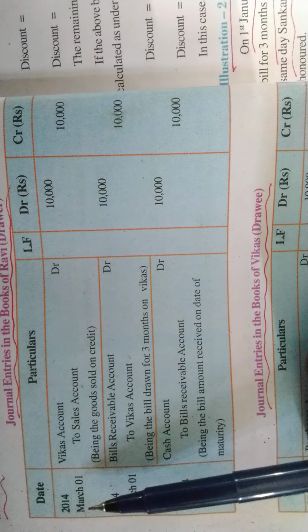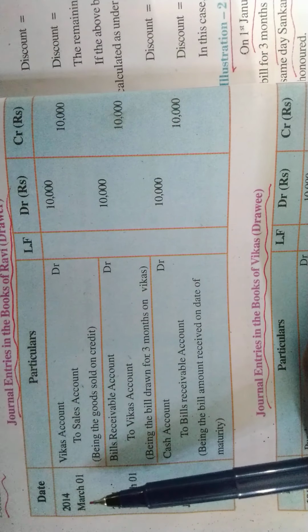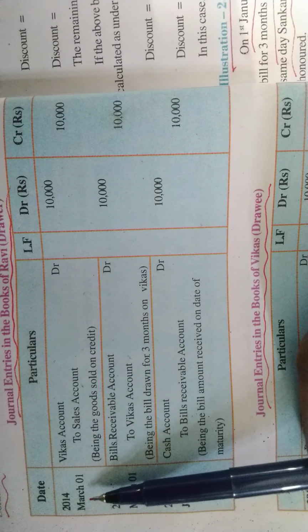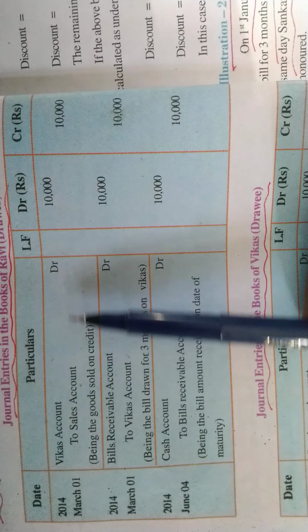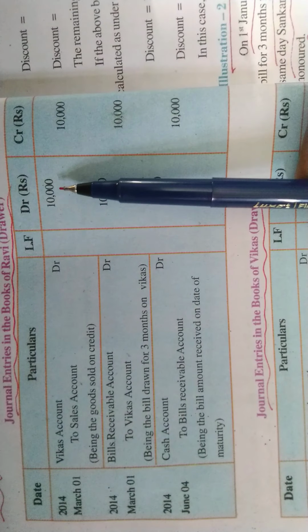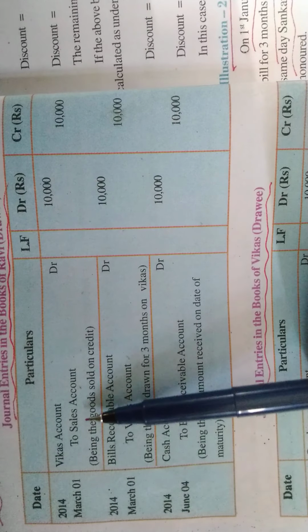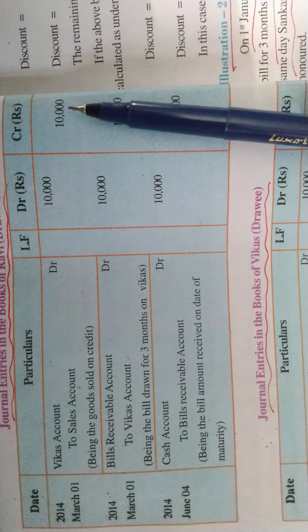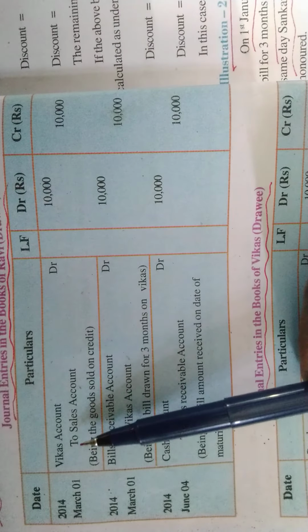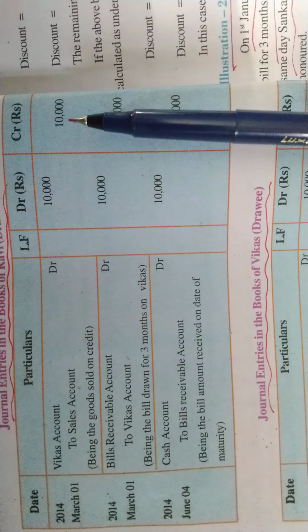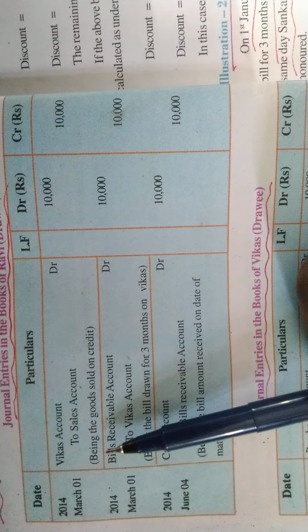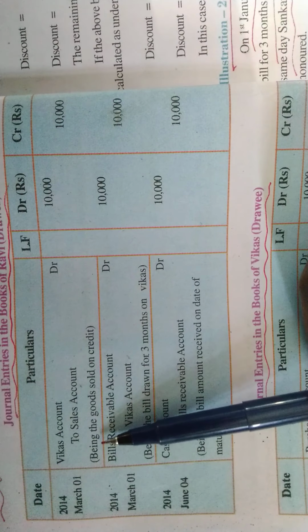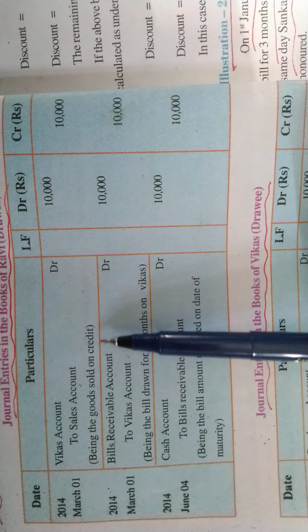On 1st March 2014 the transaction was made, that's why the date is March 1st 2014. Vikas account debit 10,000 rupees to sales account 10,000 rupees. Here the "to" indicates the credit amount. The narration is being the goods sold on credit.